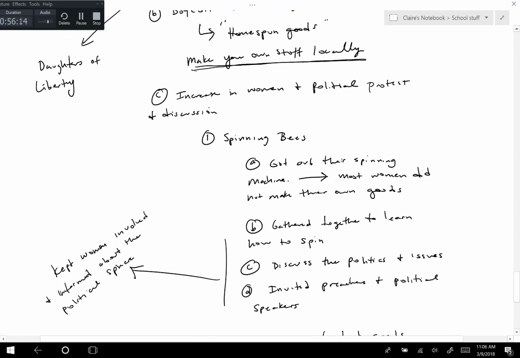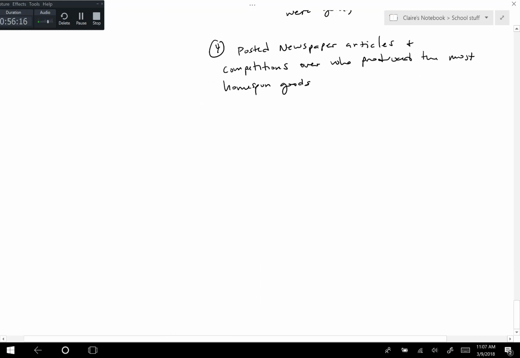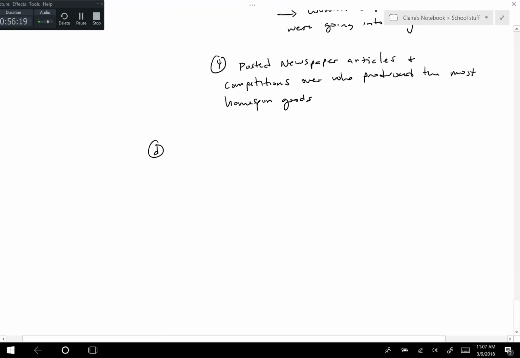So how it gets repealed is that British merchants did feel the sting of this, and they were concerned about, like I said, how this impacted trade as well as profits. And so they put pressure because of this on Parliament to repeal the Townshend Acts.